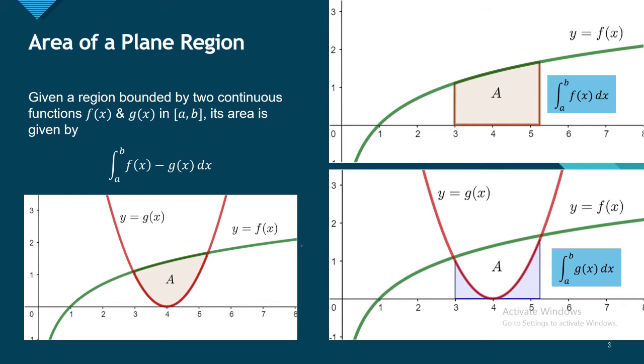In order to get the area of this plane region, we do a simple subtraction: the integral of f of x dx from a to b, minus this area, and that will give you the area of this plane region.